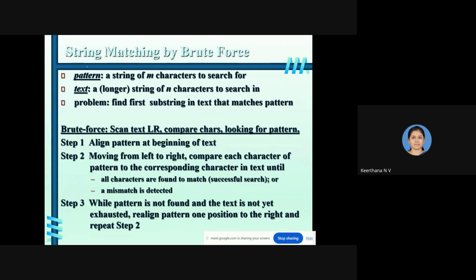The problem here is to find a substring present in your string. It means I have to find a single word in your line. For this problem, I apply the brute force technique for finding the pattern in the text. Step one is to align the pattern at the beginning of the text.